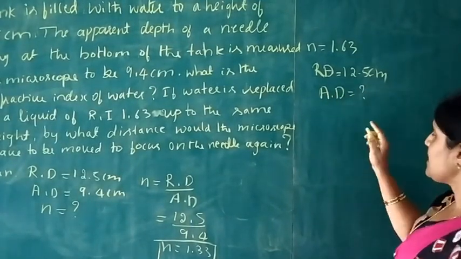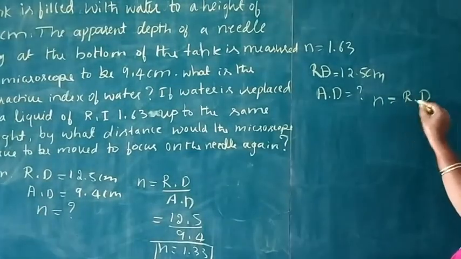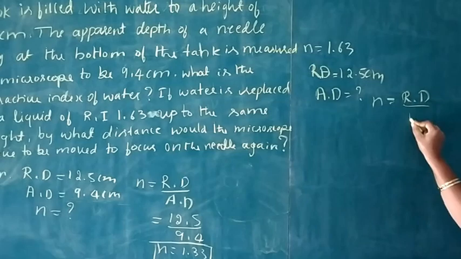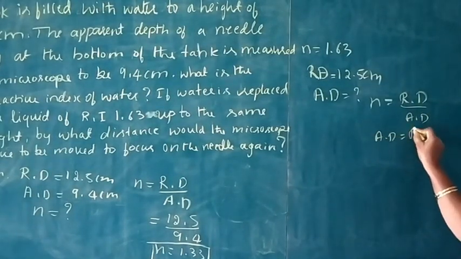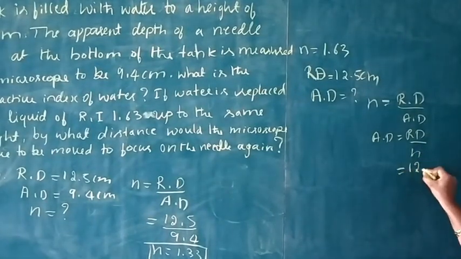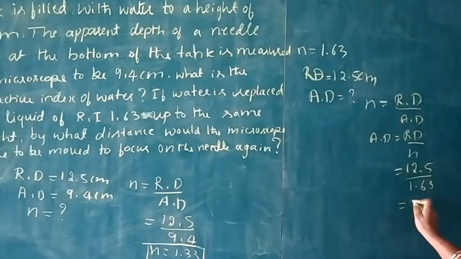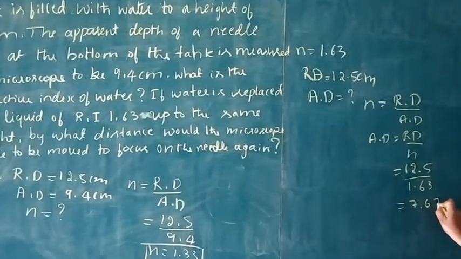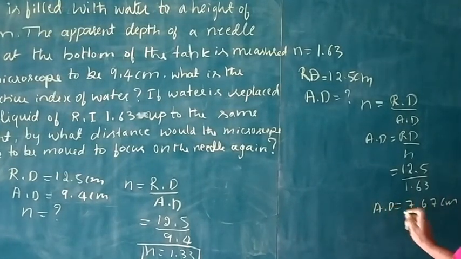We know the expression: N is equal to real depth by apparent depth. So apparent depth is equal to real depth by refractive index, where real depth is 12.5, refractive index is 1.63. You will get 7.67 centimeter. Apparent depth is 7.67 centimeter.